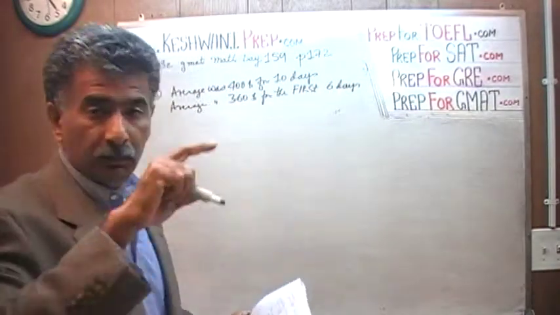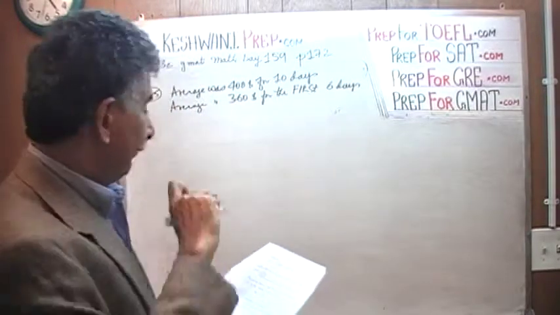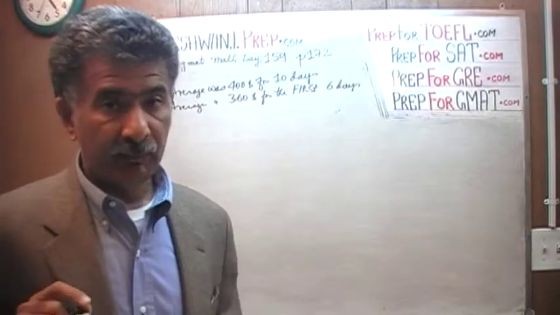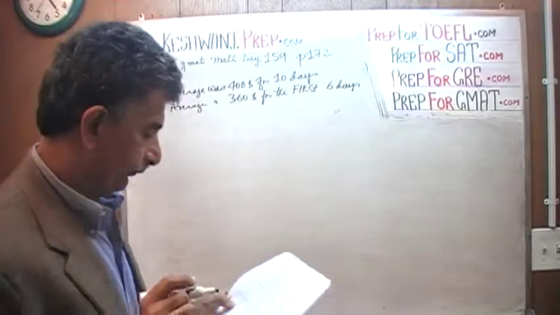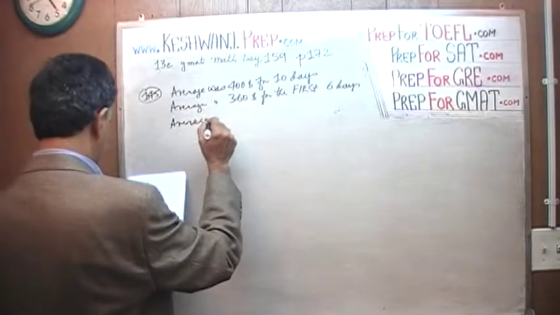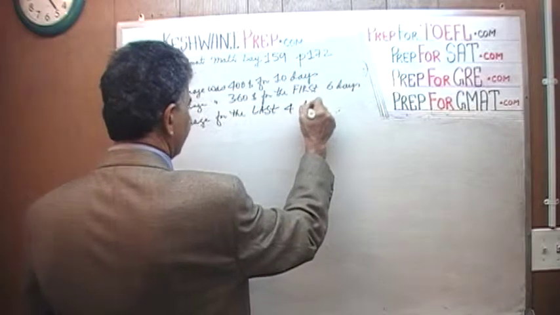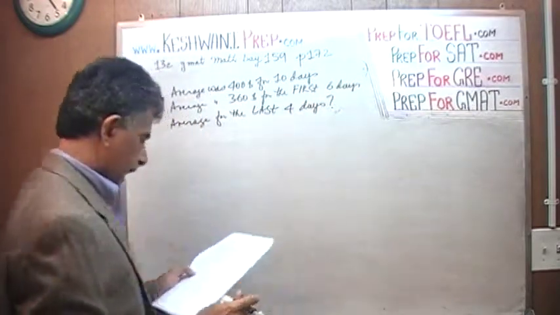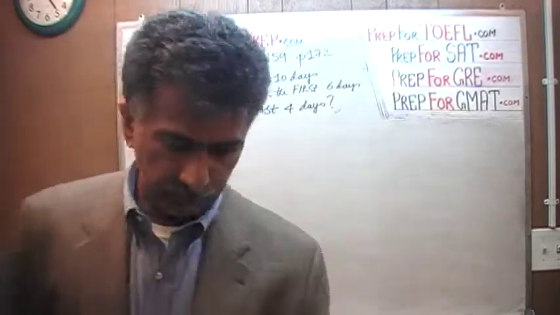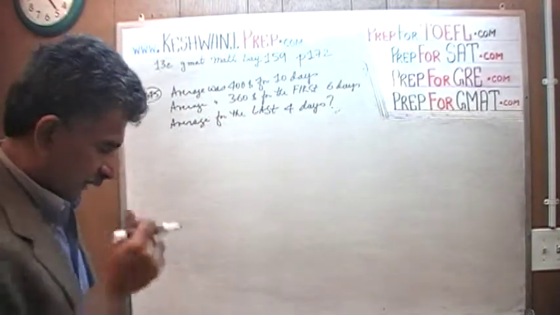So overall, for the entire period of 10 days, the average was 400. They further tell us that for the first 6 days, the average was low. The average was only 360. The question simply is, what must have been the average for the last 4 days? Very straightforward, very simple question rather, and here is the solution.